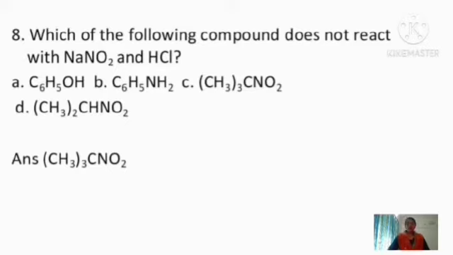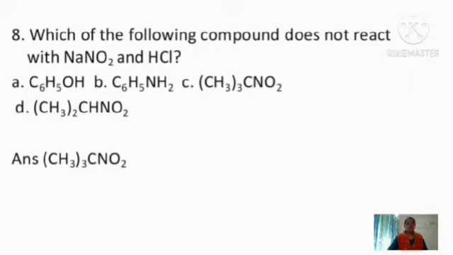Third option, that is (CH3)3CNO2. It is a tertiary nitro compound and it cannot react with nitrous acid because there is no hydrogen present at the tertiary carbon, and so it cannot react with nitrous acid. So option C is correct. And when we come to the D option, that is (CH3)2CHNO2, it is a secondary nitro compound.